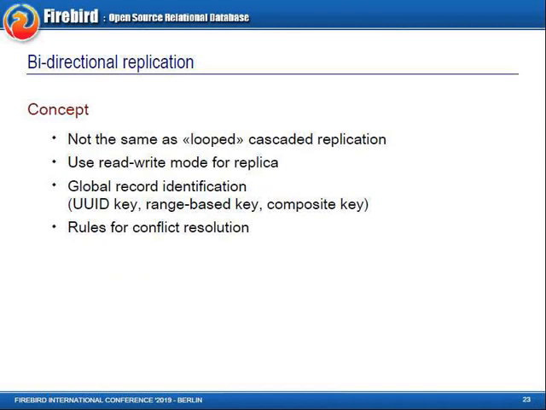What are the possible options? Use GUID keys, range-based keys, composite keys. The composite key may contain just two segments. One is some kind of ID of your server. The second segment is just some sequential number. With a range-based key, you just set up some, for example, use the BIGINT data type.